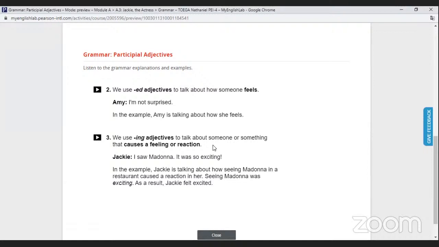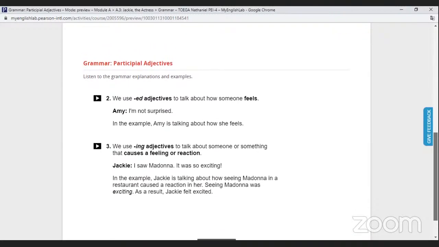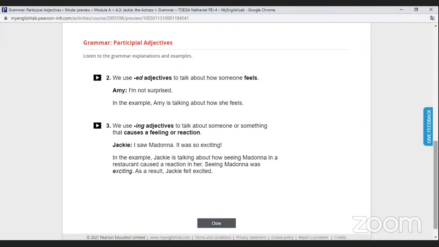It was so exciting, right? In the example, Jackie is talking about how seeing Madonna in a restaurant caused a reaction in her. Seeing Madonna was exciting. As a result, Jackie felt excited, right? So everything was easier than yesterday, right? Yeah, and short too.